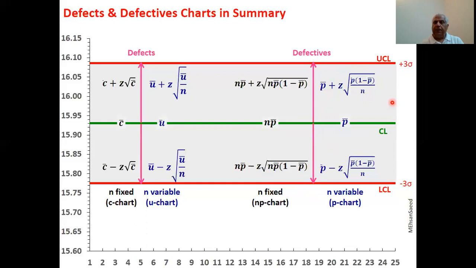The final thing to remember in these charts is that everything to the right of Z is the standard deviation of that chart. Let me try to draw this. This is the standard deviation of a P chart. Sorry, P bar chart, a P chart.